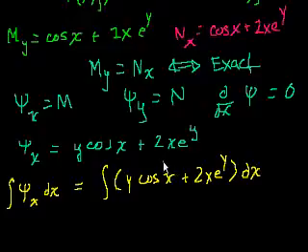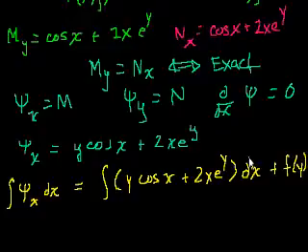Normally when you integrate with respect to x, you'd say, okay, plus c, right? But since this was a partial with respect to x, we could have had some function of y here in general, because y we treated as a constant. That makes sense, because if you were to take the partial of a function that is only a function of y with respect to x, you would have gotten a 0.